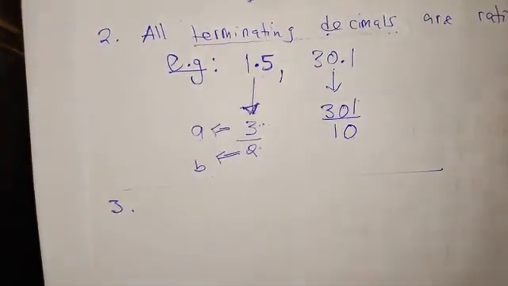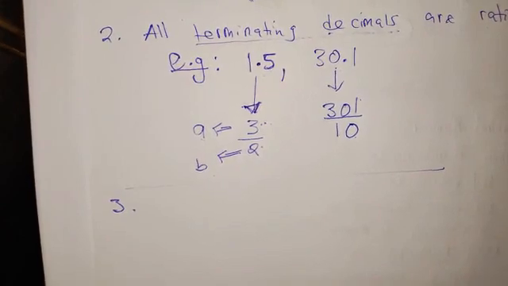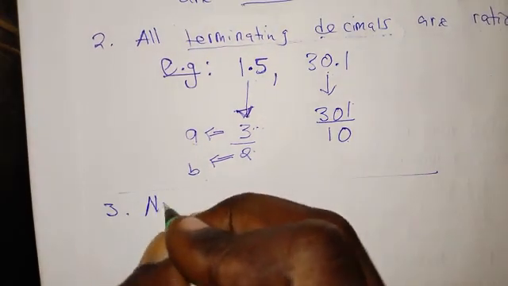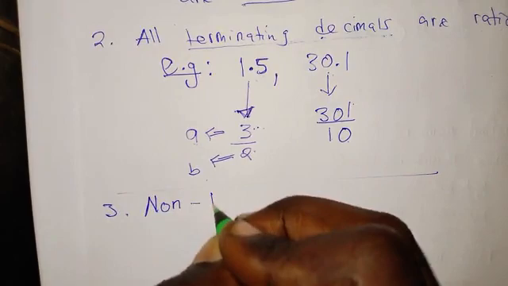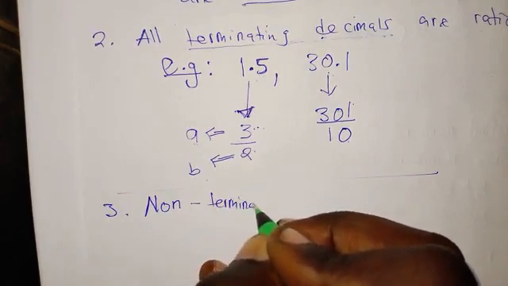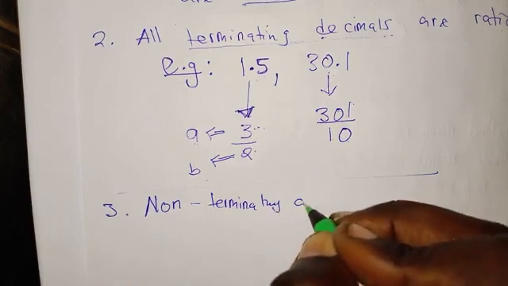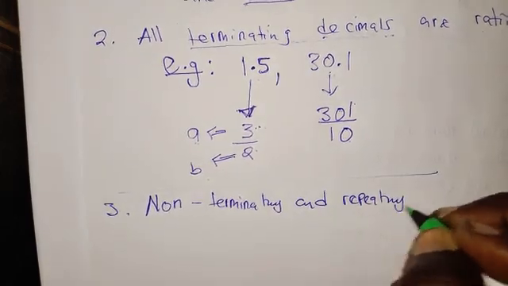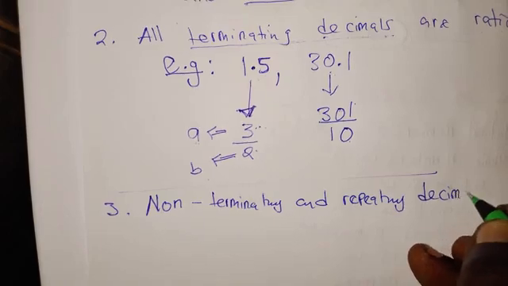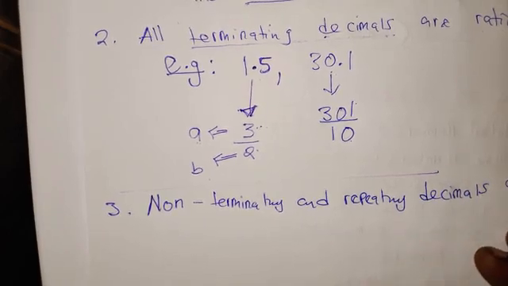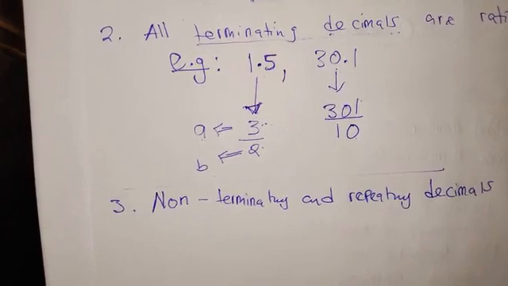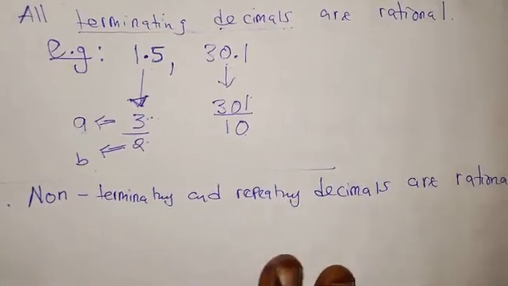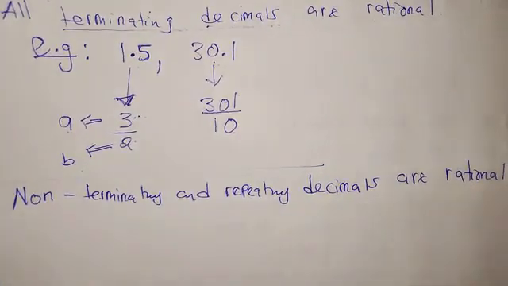The third remark which we can talk about is that non-terminating and repeating decimals are rational.